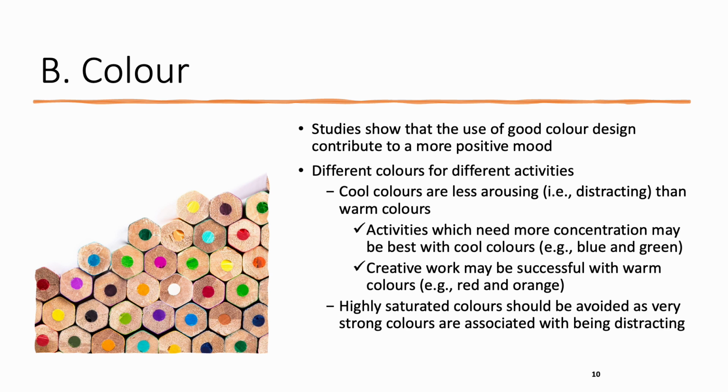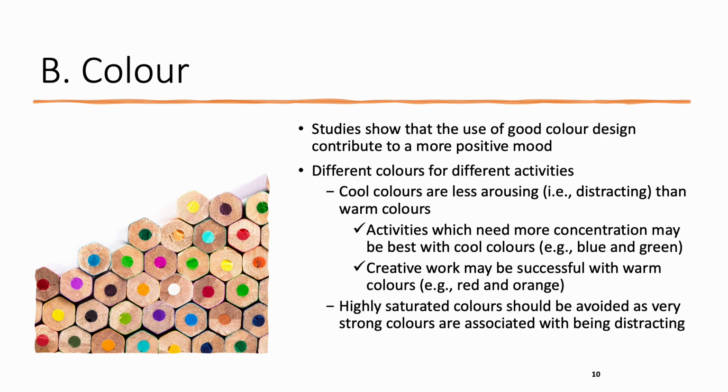Next, we can consider the use of colors. Studies have shown that the use of good color design can contribute to a more positive mood and stimulation among workers. Different colors may be used for different activities as the effects of the colors vary. For example, areas where activities needing more concentration are performed may be best designed in cool colors, for example, blue and green.